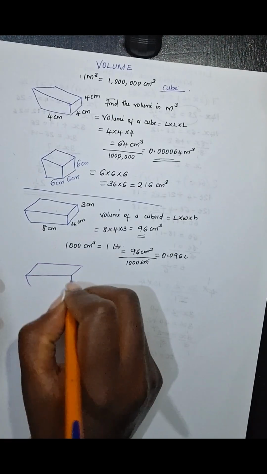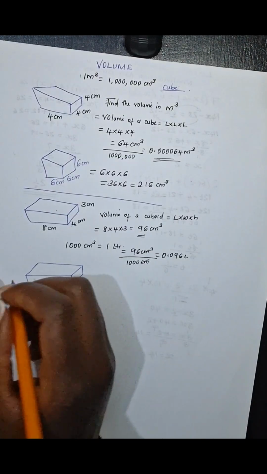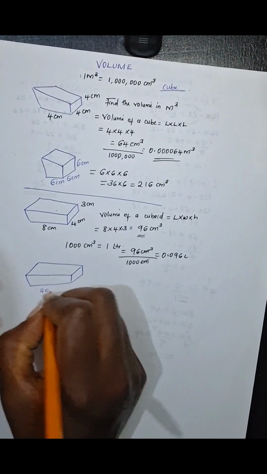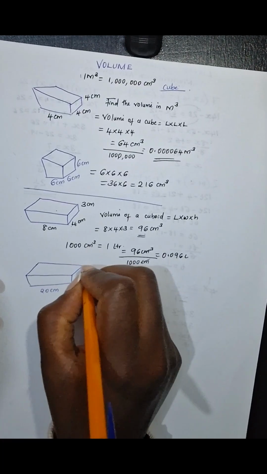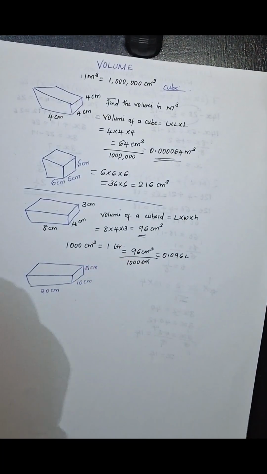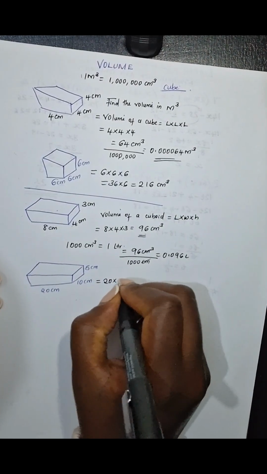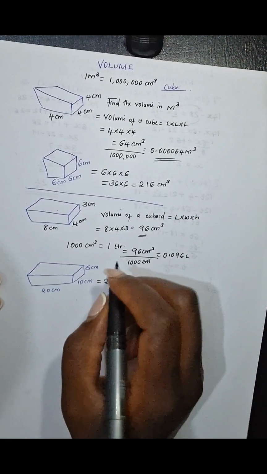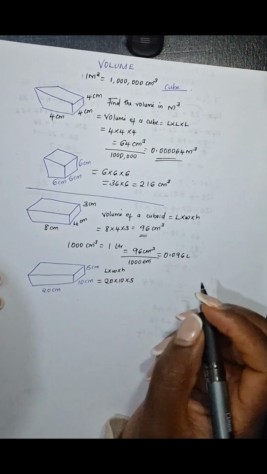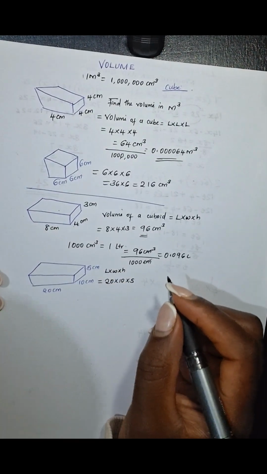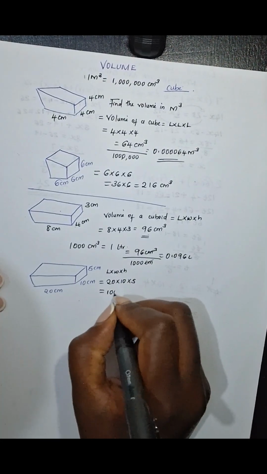Okay? So assume that you have this sum, you have been given this cuboid. So here you have 20 centimeters, 10 centimeters, and 5 centimeters. Okay? So what do you do? You just take 20 times 10 times 5. And I always say, write for your teacher this formula so they can know that you know what you're doing. So you'll get 200 times 5, that is 1000.